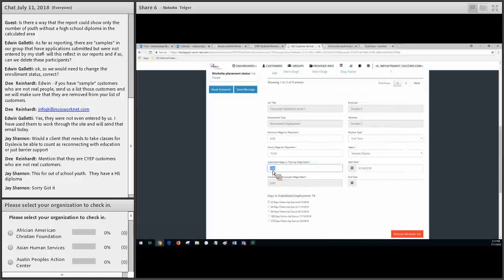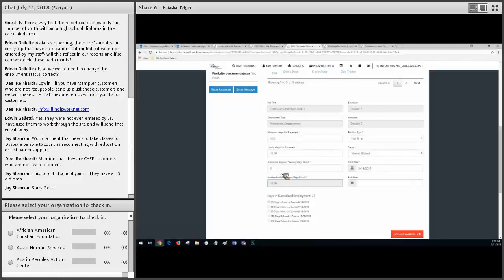So if you start out with a customer that had a subsidized wage, and after 30, 60, or 90 days, that has gone from 4 to 0, then that's converting, obviously, from subsidized to unsubsidized. That's what that particular measure is looking at.